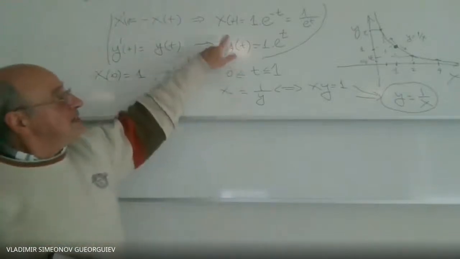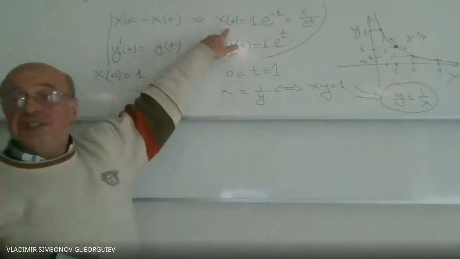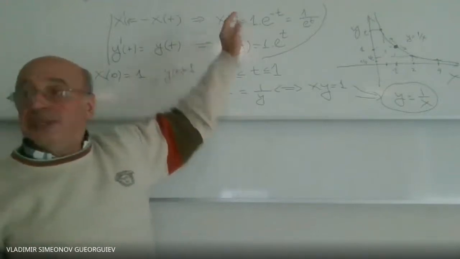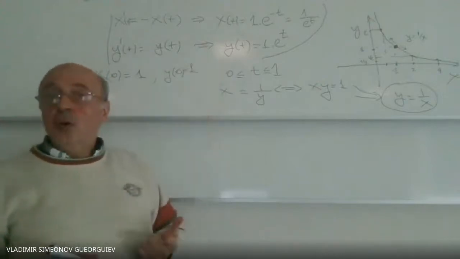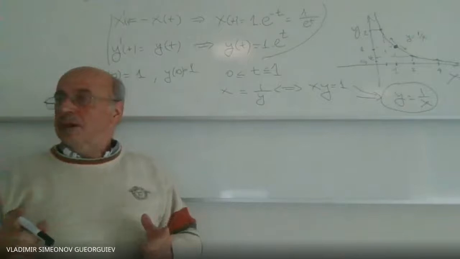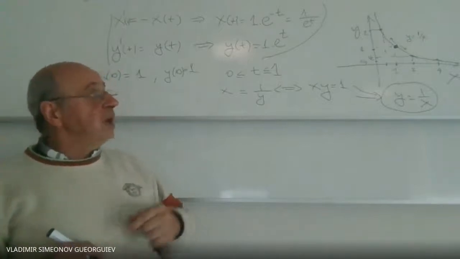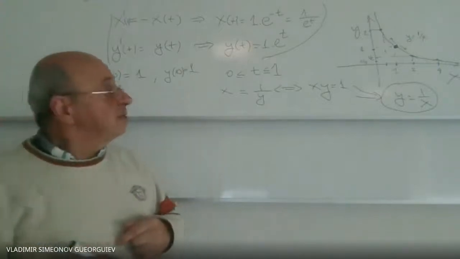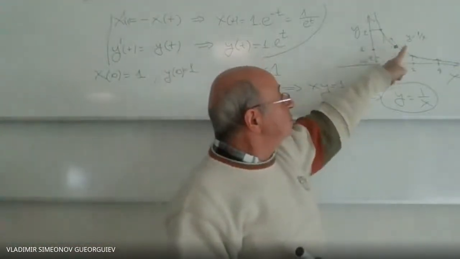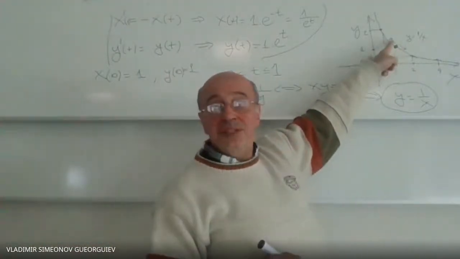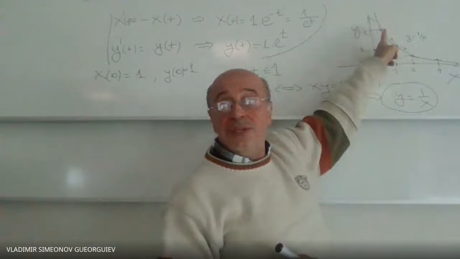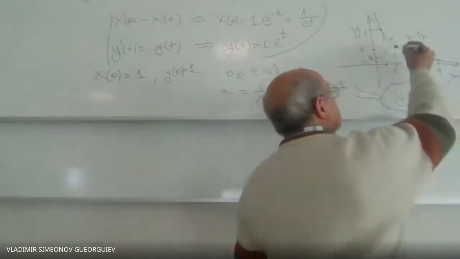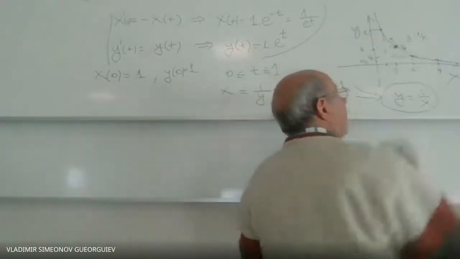Let's see here in the equation. If t grows, x is increasing or decreasing? X is decreasing. So the correct direction of positive time is where x is decreasing. Therefore, this, obviously, is the correct arrow, because here x is decreasing while epsilon is increasing. So this is a wrong arrow.